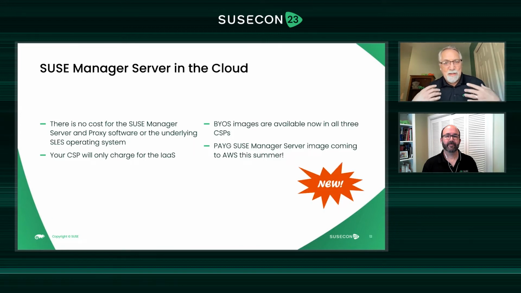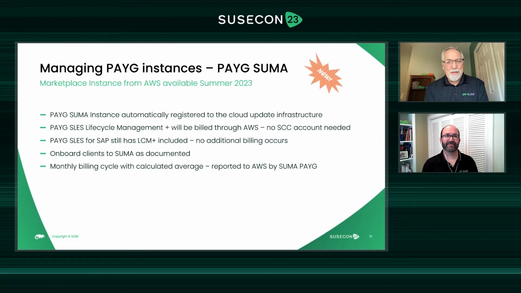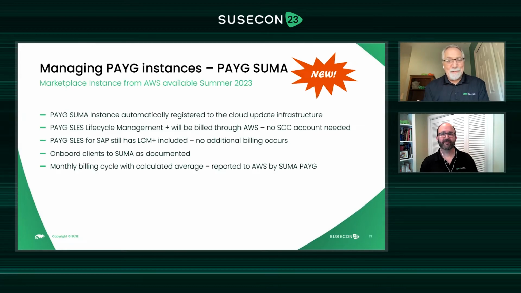That we're starting with AWS and turning a new page and trying something different for pay as you go. So pay as you go SUMA, which again, you're not paying the hyperscaler for the software for the server.